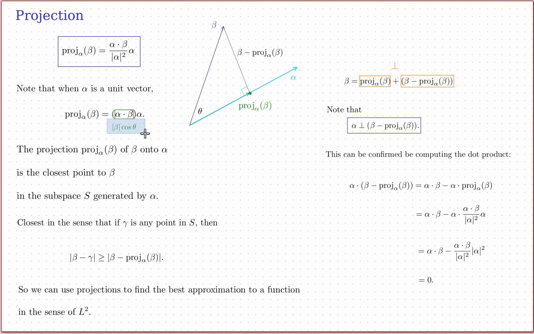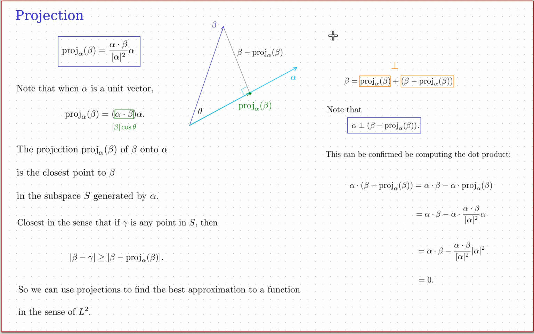You probably learned also in linear algebra that when you take a dot product, you get the magnitude of alpha times the magnitude of beta times the cosine of the angle between them. So in this case, if alpha happens to be a unit vector, that's just 1, and this is just the magnitude of beta times cosine theta, and that is exactly, just from basic trigonometry, the length of this projection. And then you multiply that length times the unit vector in that direction, and that gives you the vector in that direction.